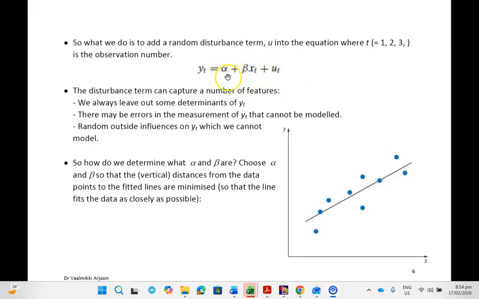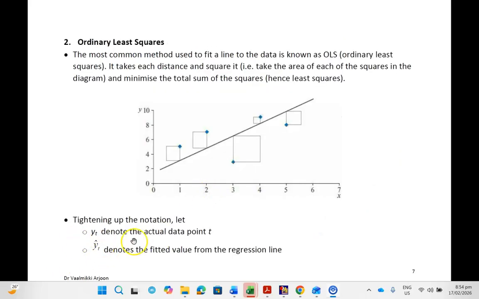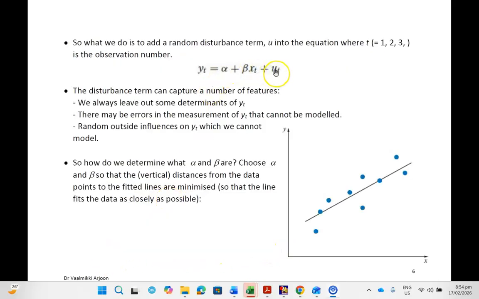We can use the regression parameters alpha and beta here to work out what y is going to be. But it may not be exactly that particular data point of y. That's why you call it a fitted value. It's an estimated or a forecasted value of y using this regression line. So that's why we say it's a fitted value from the regression line using the regression itself.